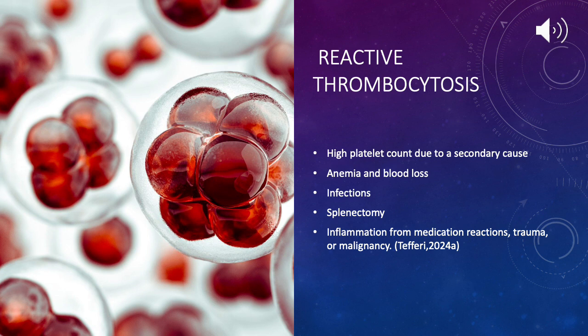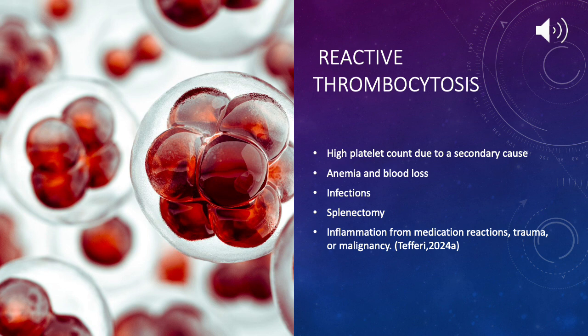Your body, as it's cranking out more red blood cells in response to the blood loss or the anemia, may be making platelets as well, which leads to an imbalance of platelets to red blood cells, and you end up with an increased platelet count in the blood.